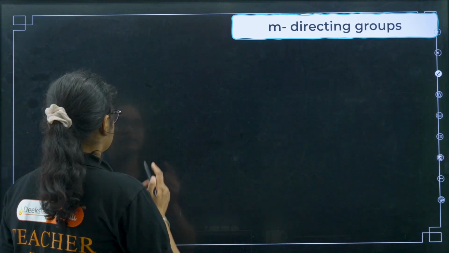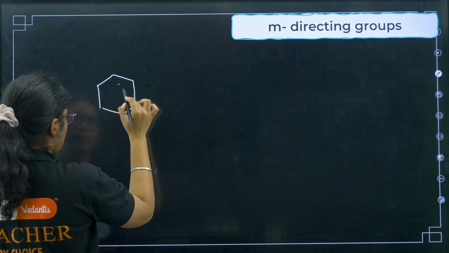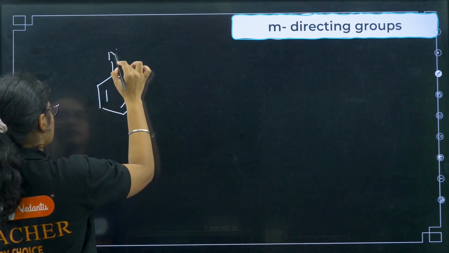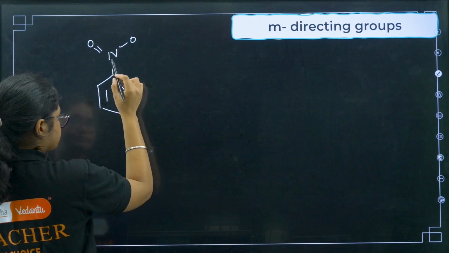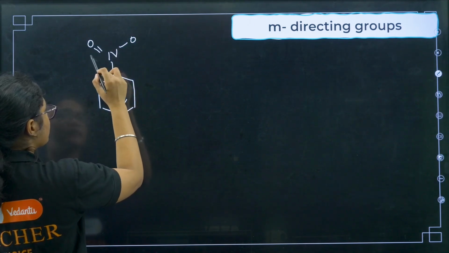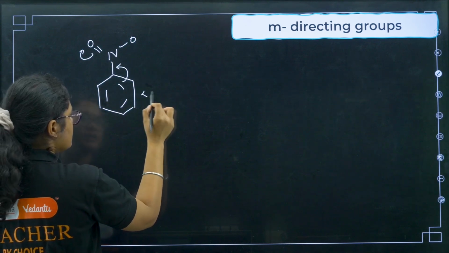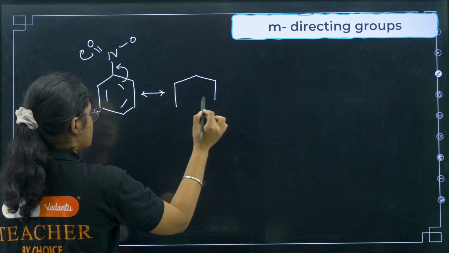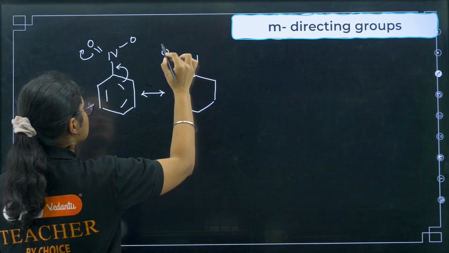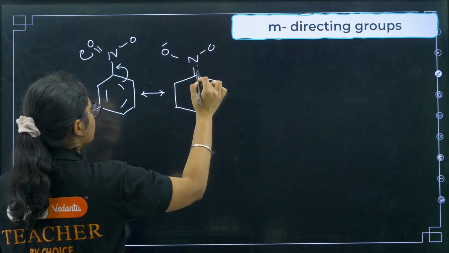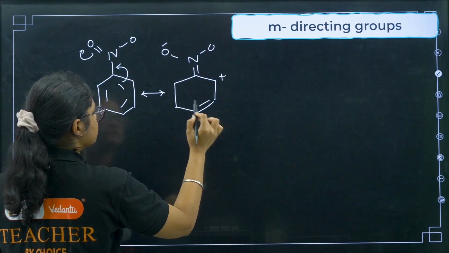So let me take another example where I'll draw the resonating structures of NO2. Okay. So now what will happen? You see oxygen is more electronegative, so oxygen will pull the electrons, so nitrogen will pull electrons from here. So I'll get O minus, here O, here N double bond, and this bond has shifted here, so here it is positive charge.